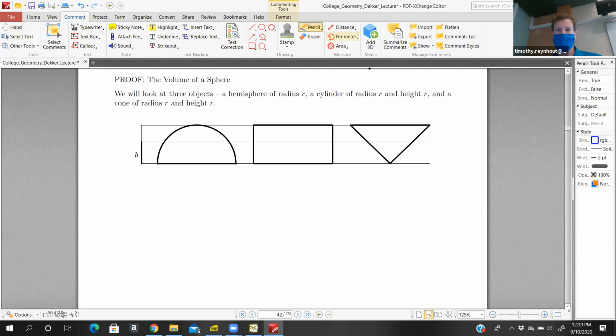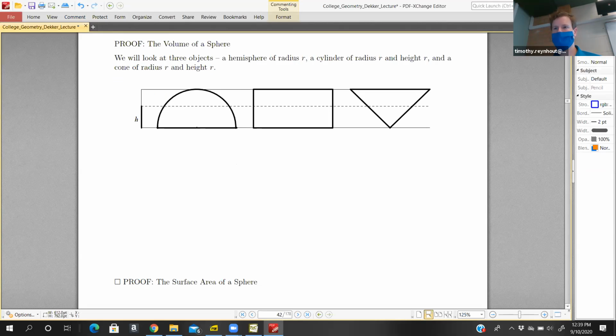And we also want to look at the volume of a cone with radius r and height r.